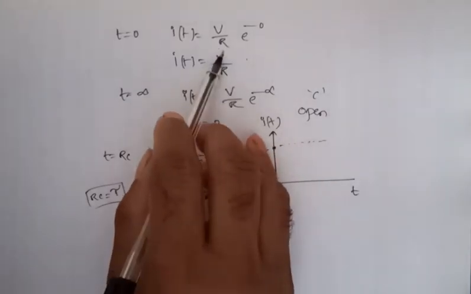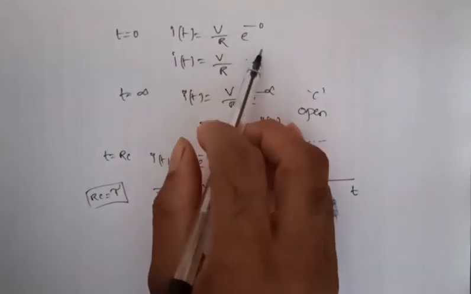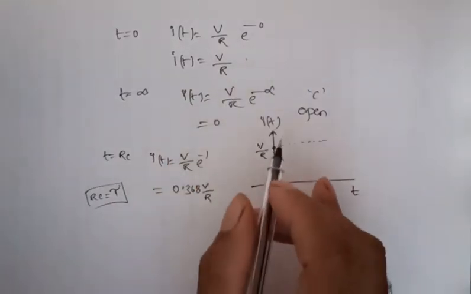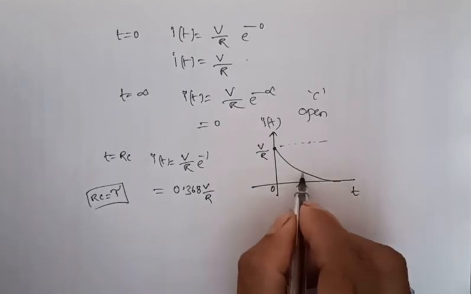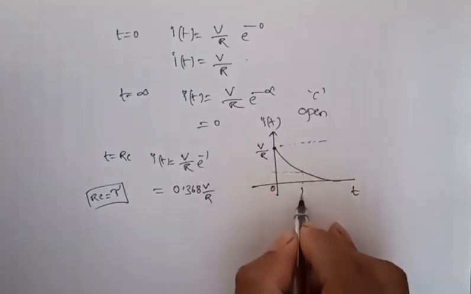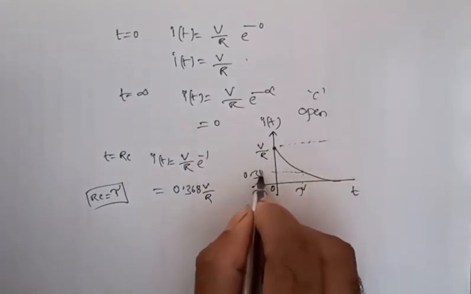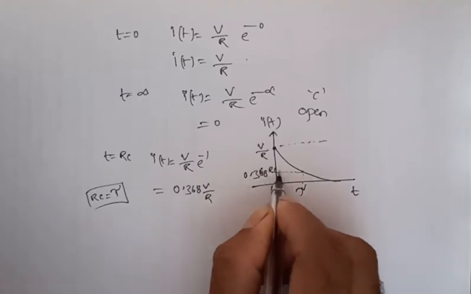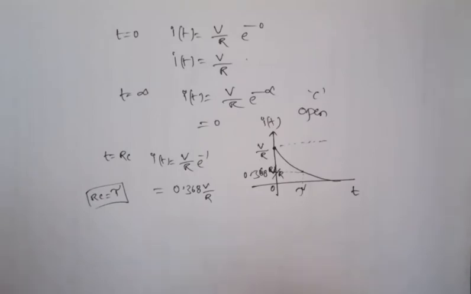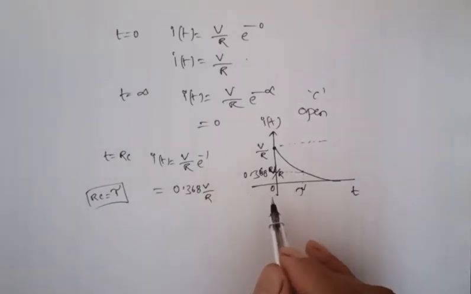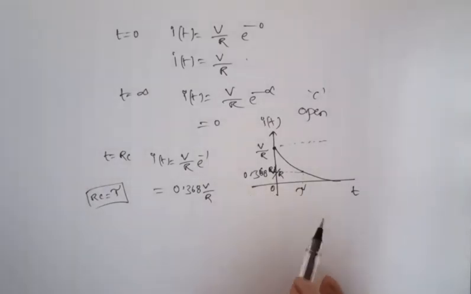Because we know that it is maximum value V by R and it is exponentially decaying as e power minus t by RC. So at t equal to infinity, it will become 0, and at particular time instant t equal to tau, we got 0.368 times of V by R. Okay, this is the analysis or response of the series RC circuit.